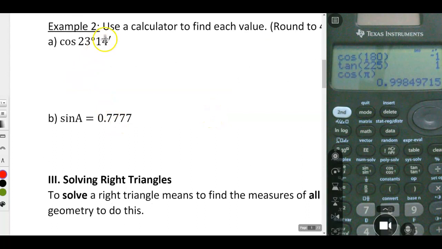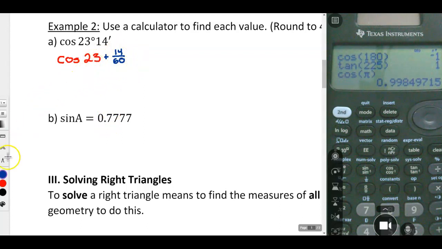While you're doing this, you're really just converting this part, right? You're trying to find out what that is. So this is going to be cosine of 23, right? But 14, what is 14 minutes out of 60? That will give us the decimal part.